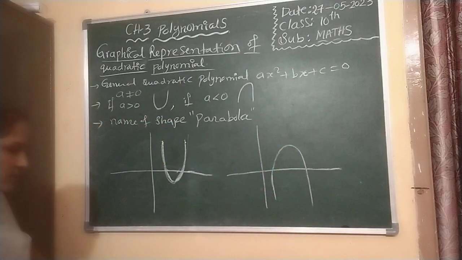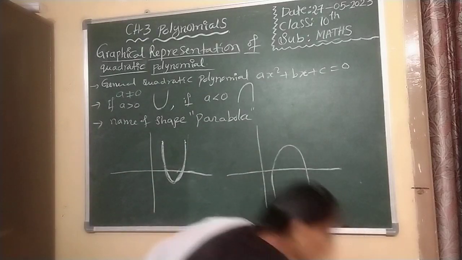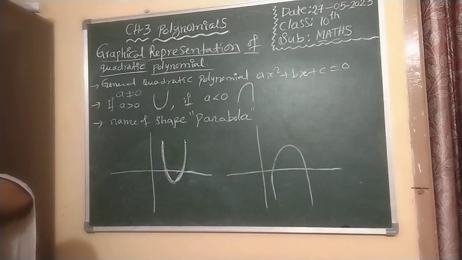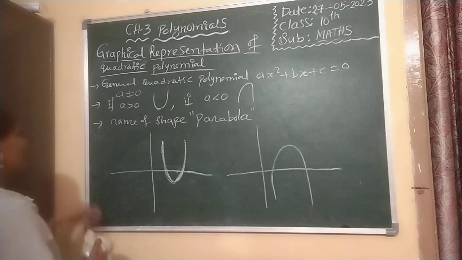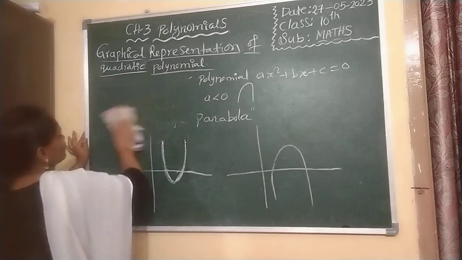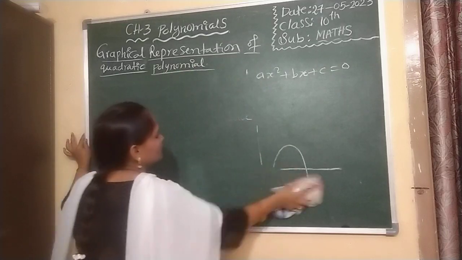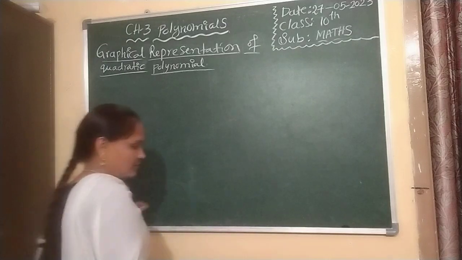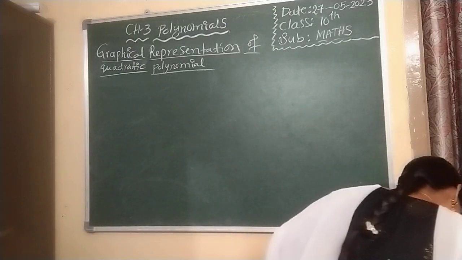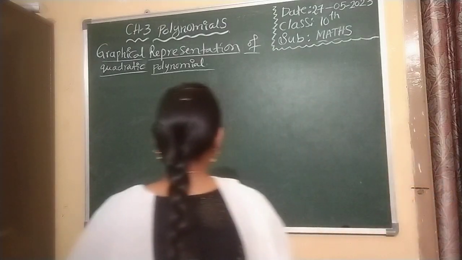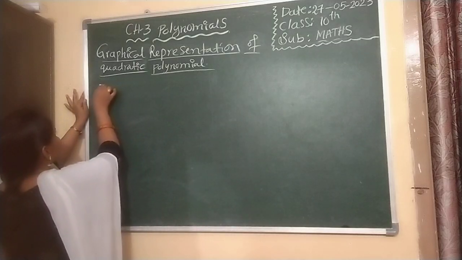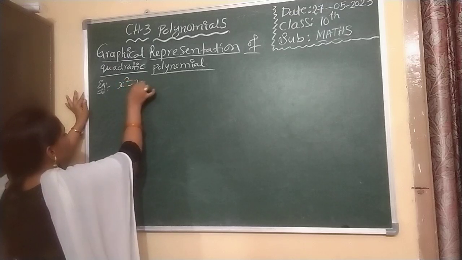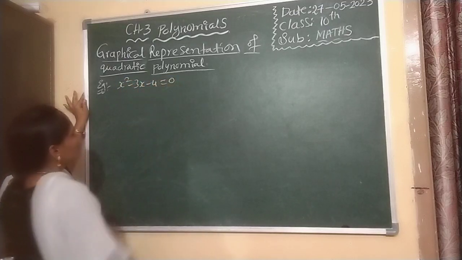Next I will start one example. I will show you that the shape of the quadratic polynomial will be a parabola, by taking one very simple numerical example. That is x square minus 3x minus 4 is equal to 0.